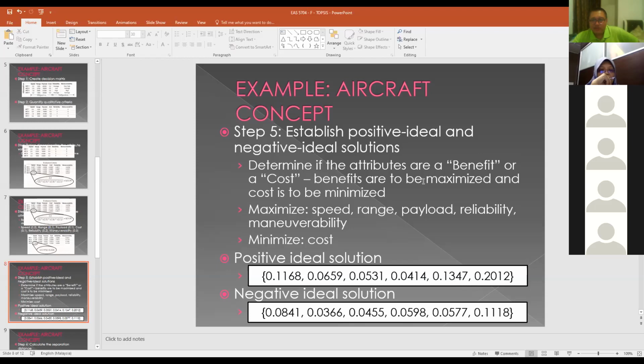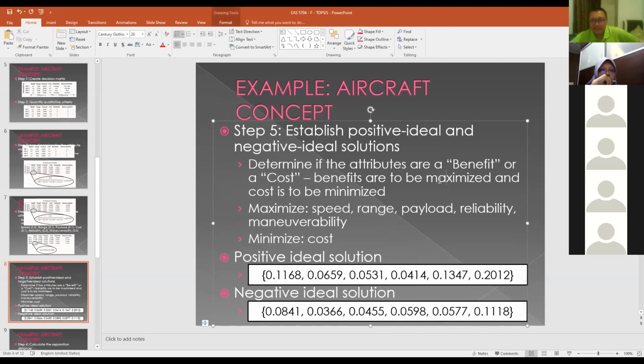Benefits are to be maximized. It is a good thing. Benefit, we want to maximize it, and cost, which means the bad things, we want to minimize. Normally cost is the one that we want to minimize, but sometimes on certain designs we also want to reduce the size. For example, size could be a thing that we want to minimize.